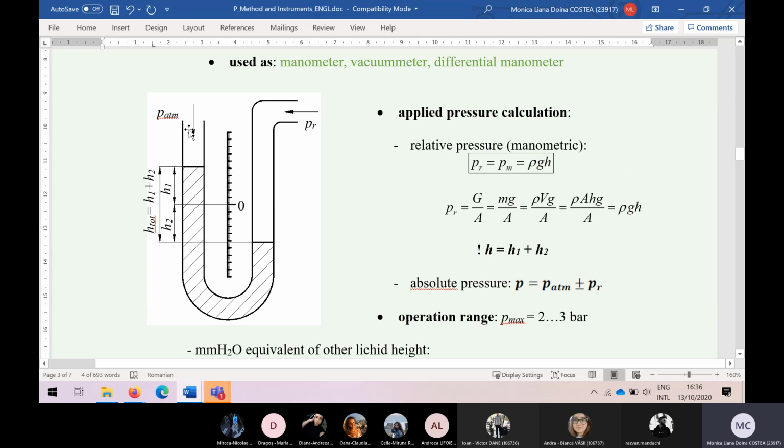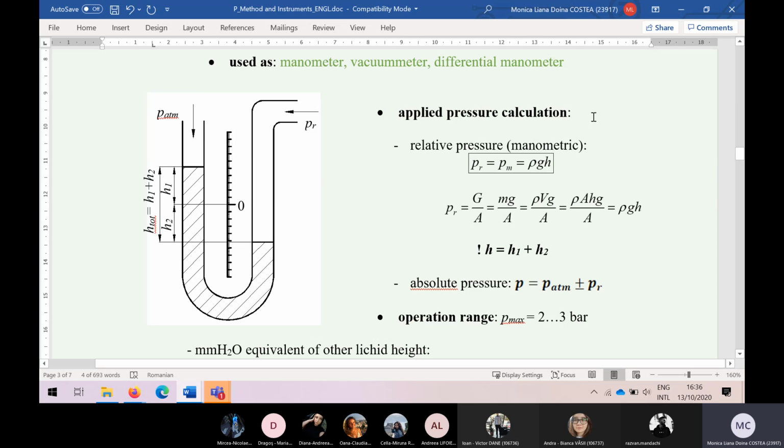So it consists of a U-tube, generally in glass, filled with liquid, which in equilibrium should have the level in the two branches at 0. Generally, one branch is connected to the pressure that is unknown, and the other one is free, letting the atmospheric pressure act on the liquid.